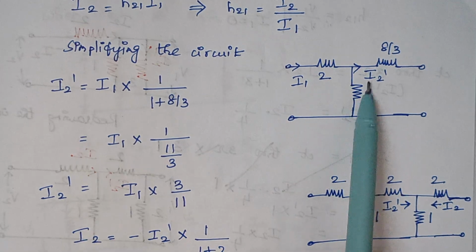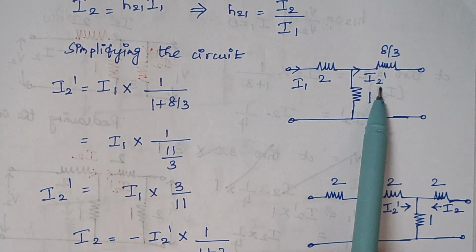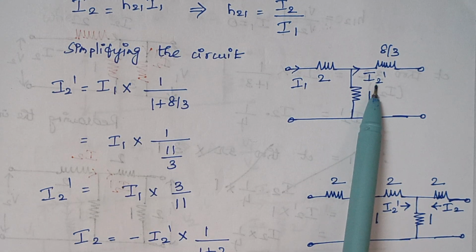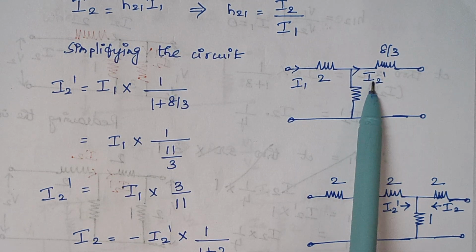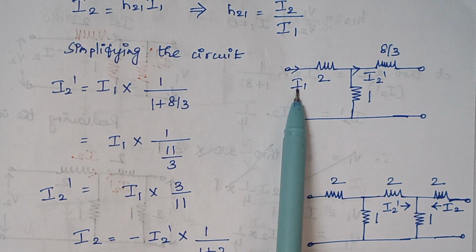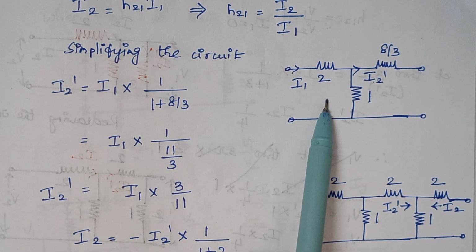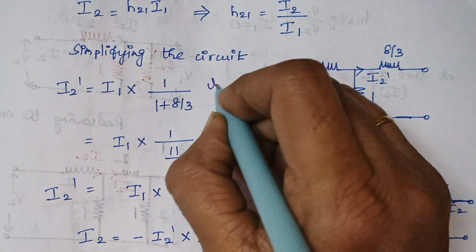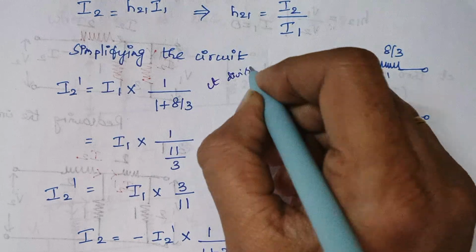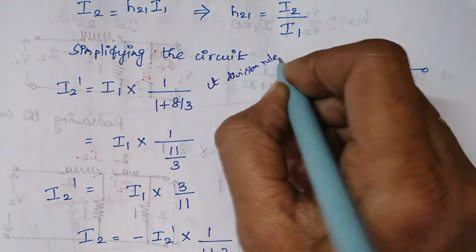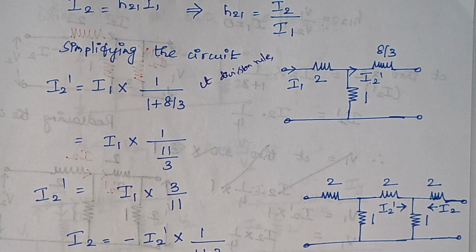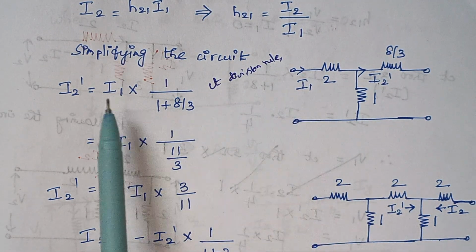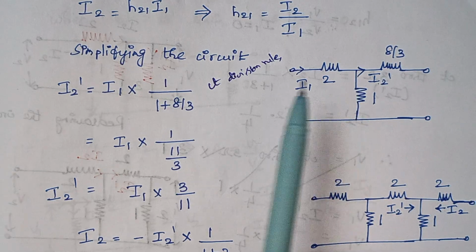Here I have taken the current as I2 dash. Now we are going to calculate this I2 dash. Here the total current is I1, and we are applying the current division rule. By the current division rule, I2 dash is equal to I1, the total current, into the opposite resistance.